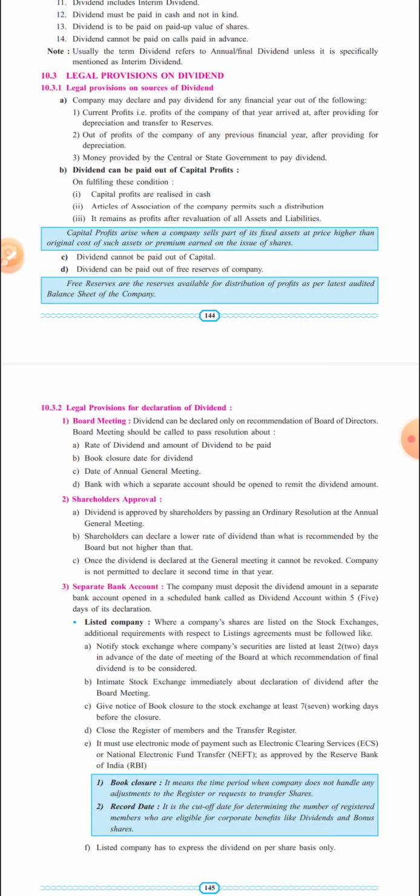This capital profit can be realized in cash, meaning after selling the fixed assets at more than the original cost, the capital profit is held by the company in the form of cash.